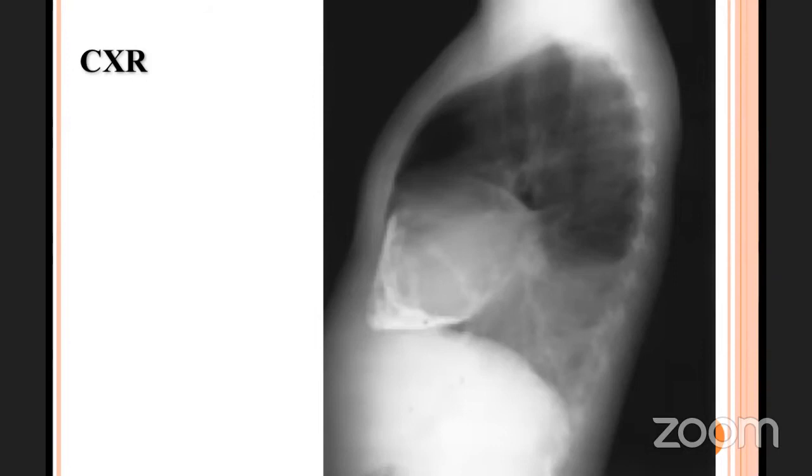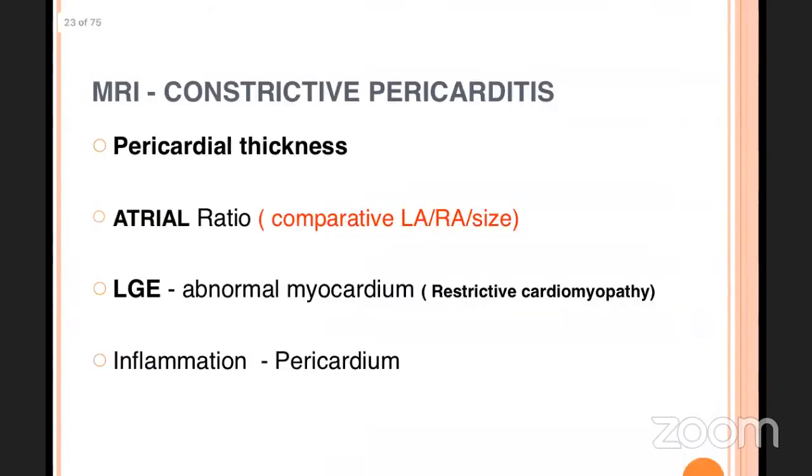Now, are there any other investigative modalities, advanced imaging methods? Probably MRI is underutilized. MRI is not only useful for identifying the pericardial thickness, but it can also identify whether the pericardium is actively inflamed or not. If it is actively inflamed, certainly it makes the diagnosis a bit easier.